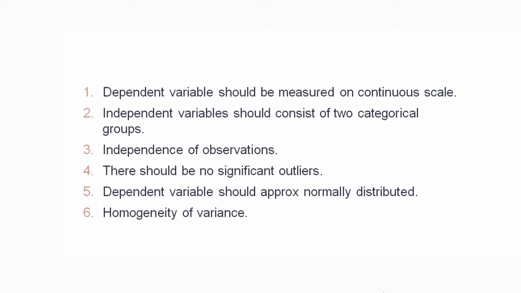Sixth is homogeneity of variance, that is, the variance should be the same for the two groups in the population. These are the six assumptions that should be met before we go for IST. Now let's look at how to do this IST on SPSS.